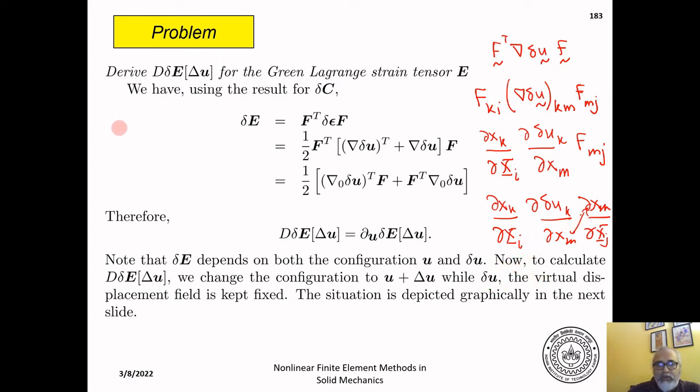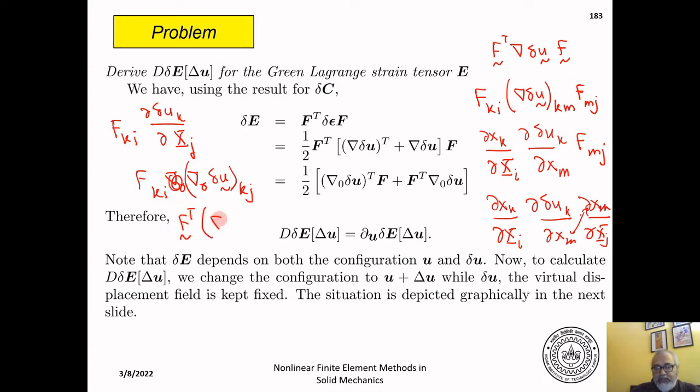So this will lead to F_ki times ∂δu_k/∂X_j. So this is ∇0 δu, the kjth component, times F_ki. So if you convert it into bold notation, this would be F transpose times ∇0 δu, which is what we have here. So we have again converted these spatial nablas to the material nablas here.